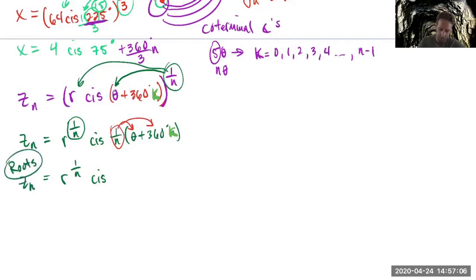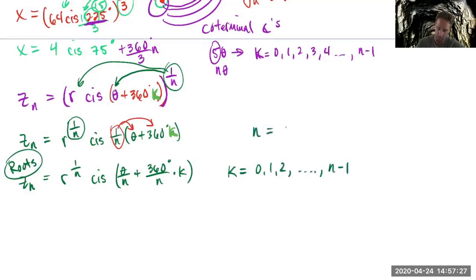It would be, for my angle, theta over n plus 360 over n times k, where remember k is equal to 0, 1, 2, all the way up to n minus 1, where n, remember, represents our nth roots. So pretty cool.